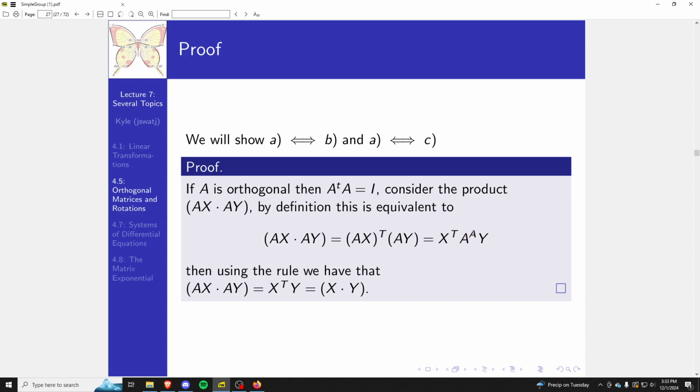Oh, this is a typo. This should be A to the T, I believe. There's a typo there. And so because this is the identity, this will collapse in on itself, and we'll get exactly this. Someone sent a fix in chat, but yeah, this should be A to the T times A y. The A is also missing.